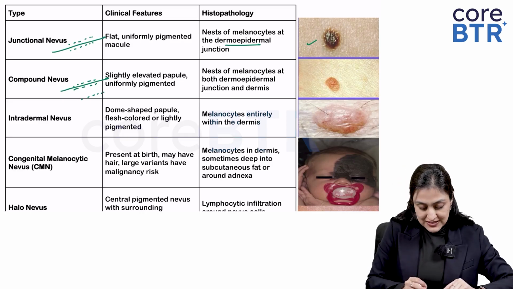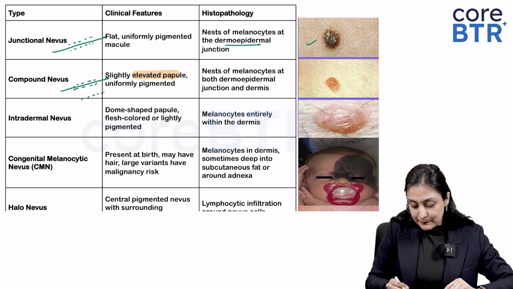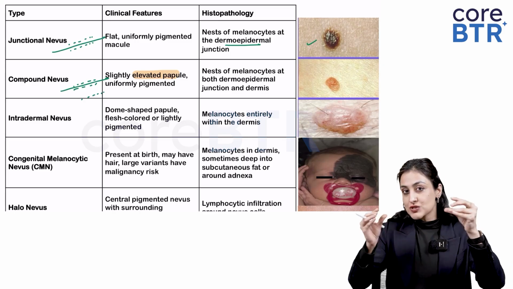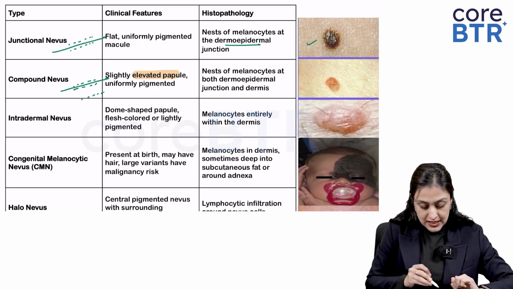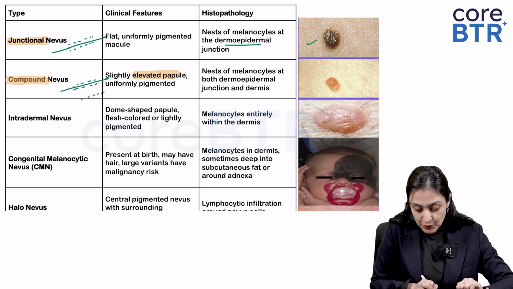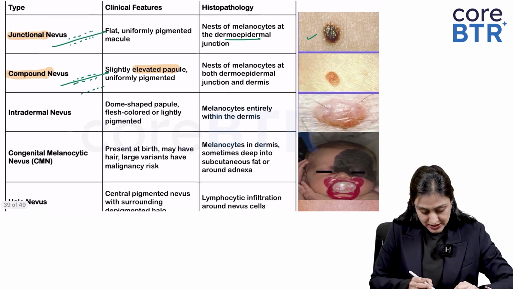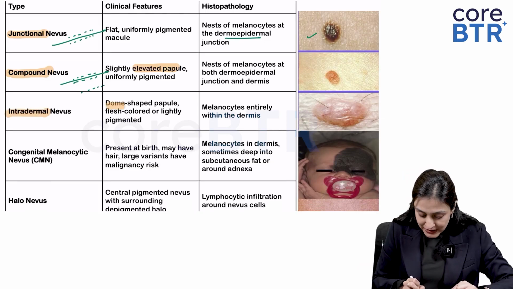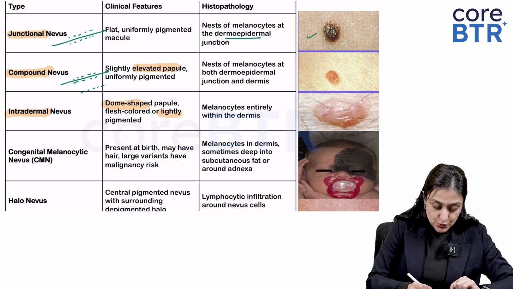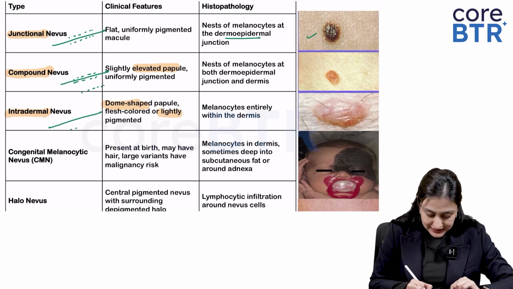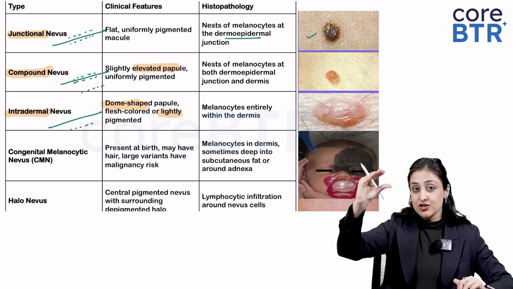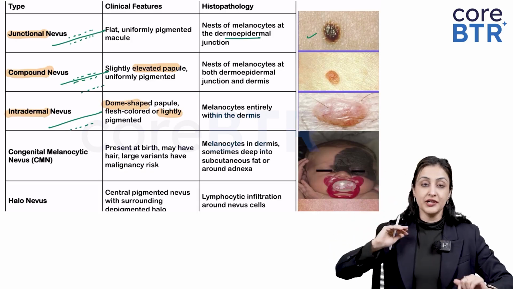So this is elevated and the pigmentation has decreased. As the pigmentation decreases, the elevation increases. So junctional is flat and dark. Compound is lighter and elevated. And intradermal is dome shaped and completely light. So this is where there is no melanin at the junction, only in the dermis. So remember these three together: junctional, compound, dermal.